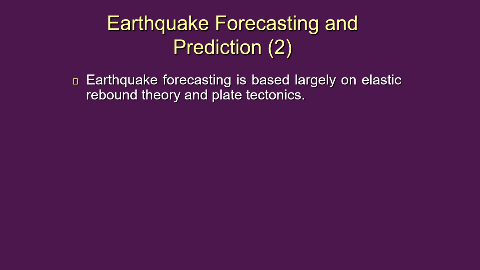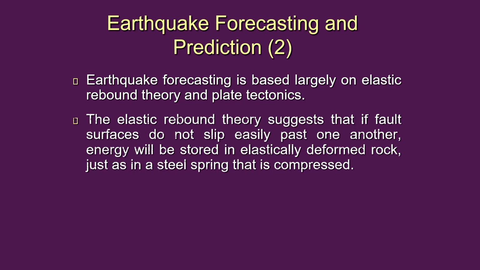Now, earthquake forecasting is based largely on elastic rebound theory and plate tectonics. The elastic rebound theory suggests that if fault surfaces do not slip easily past one another, the energy will be stored in elastically deformed rocks, just like a compressed steel spring.